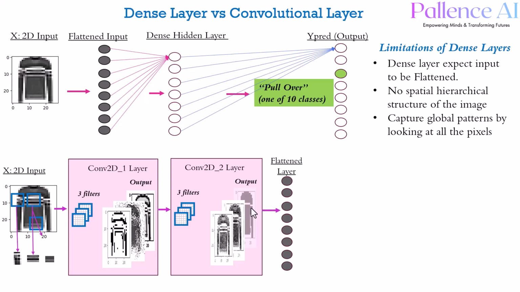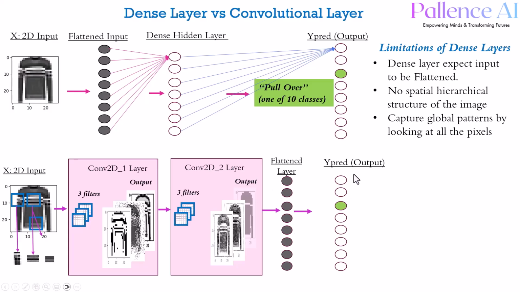So we flatten the output from the Conv2D 2 layer, the second convolutional layer output. Then on top of that, we add the final output layer, and it's the same process now. So now you may ask, why did we flatten it again?